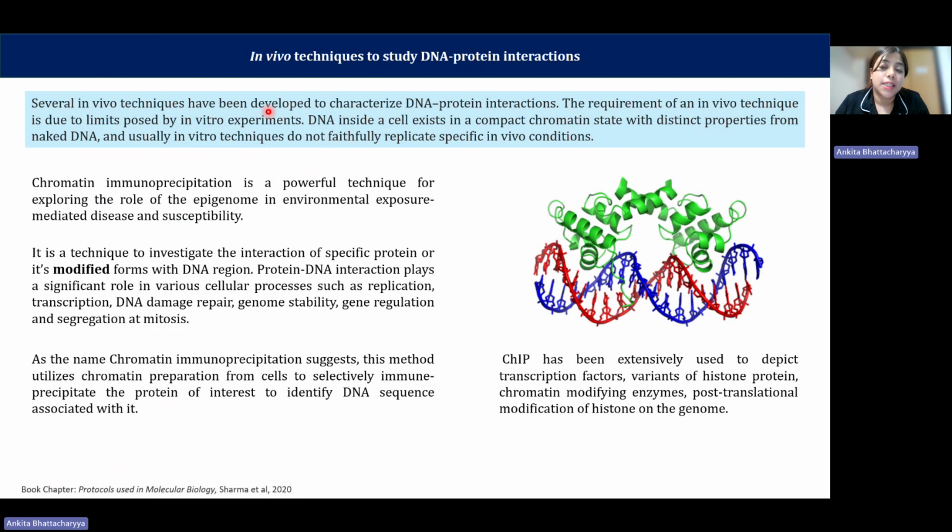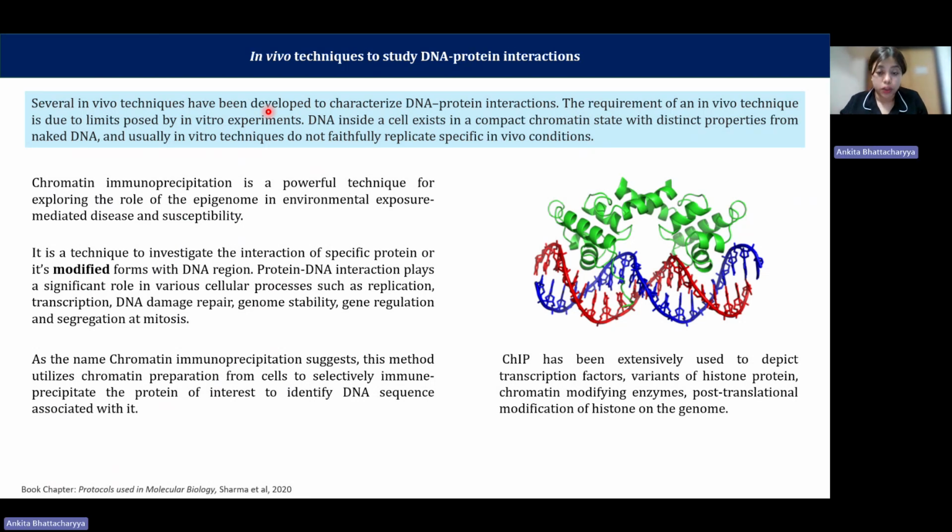So DNA inside the cell exists in a compact chromatin state that has very distinct properties from naked DNA. And usually in vitro techniques are not able to simulate the condition that is actually expected to be present inside the cell. So therefore, chromatin immunoprecipitation is a very powerful technique for exploring the role of the epigenome in an environmental exposure mediated disease and susceptibility.